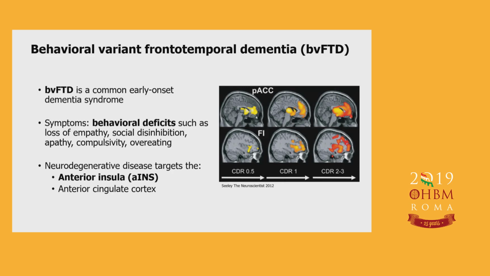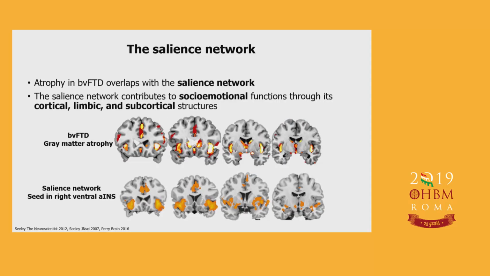As you can see here, with lower disease severity these regions are already targeted by gray matter atrophy, and as the disease advances and the level of clinical severity advances, we find even more widespread atrophy also in neighboring regions, and the atrophy is peaking within these two regions, the anterior insula and the anterior cingulate cortex.